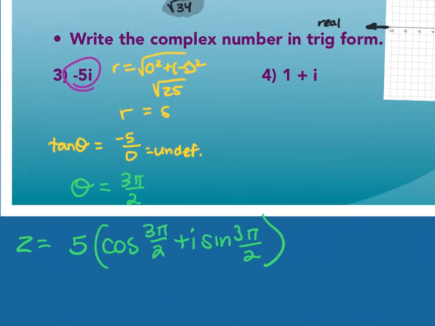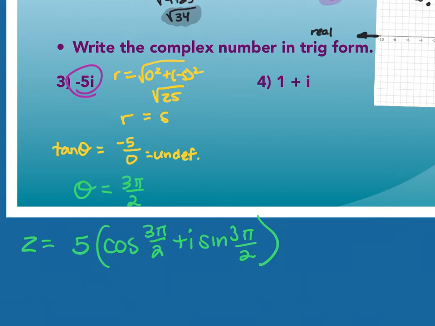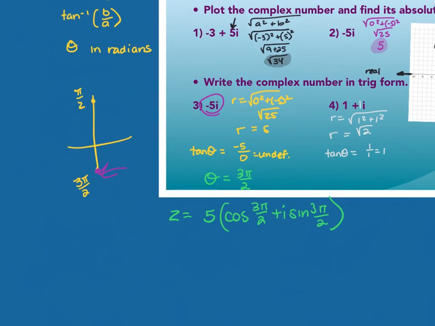All right, then 4 said 1 plus i, which means both a and b are 1. This would be 1 here. So r is going to be equal to the square root of 1 squared plus 1 squared, or the square root of 2. And then the tangent of theta would be 1 over 1, which is 1. And again, 2 places tangent is positive 1. What are they?